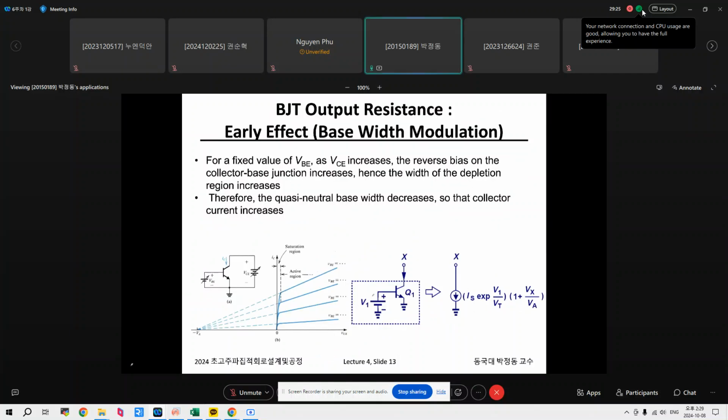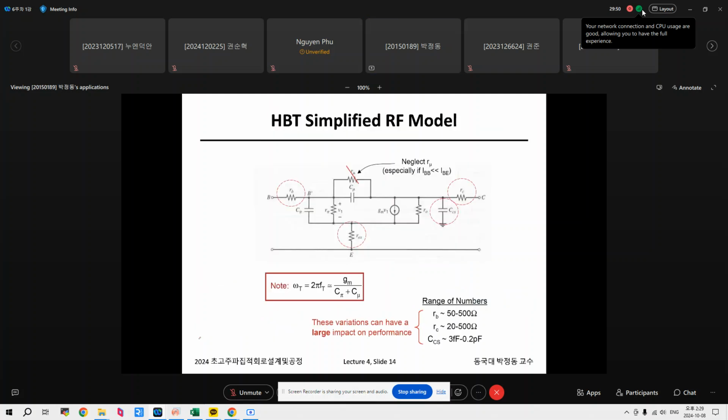So again, we can define the slope of this from IO divided by VA, which is also 1 over RO. Okay. Therefore, we define RO as VA divided by IO. Okay. Here, this is VA. It is early voltage. This is a widely used level 0 RF model.